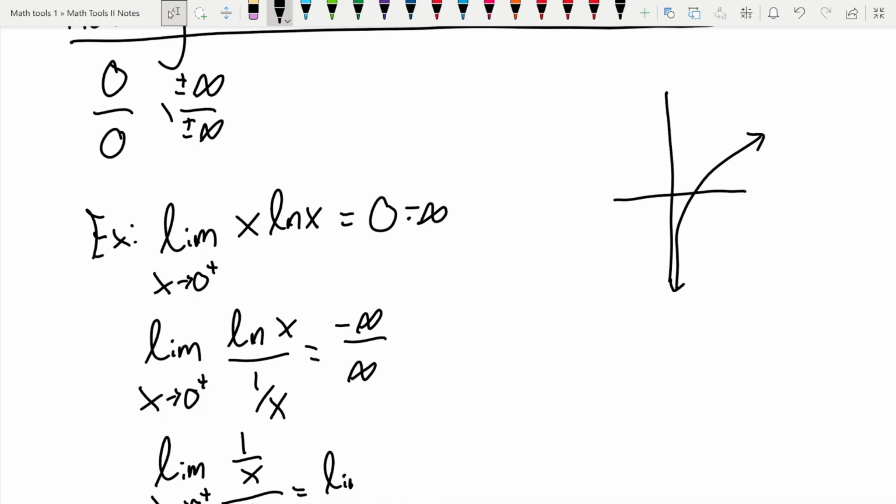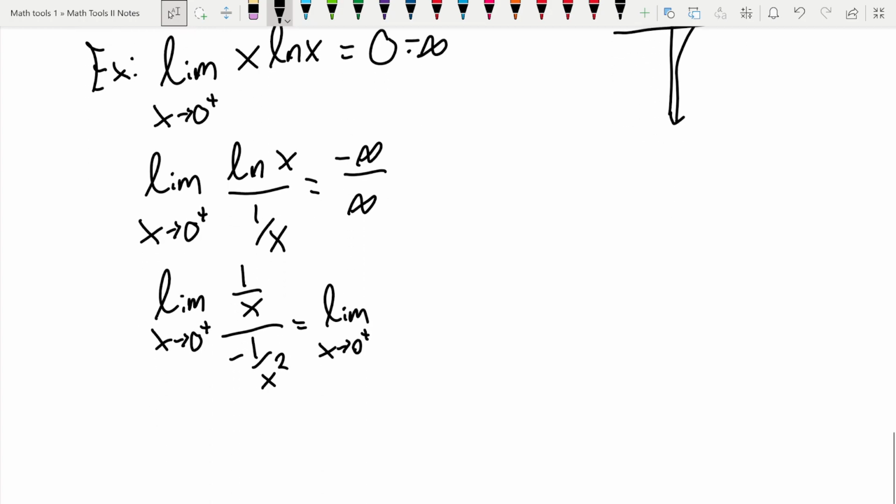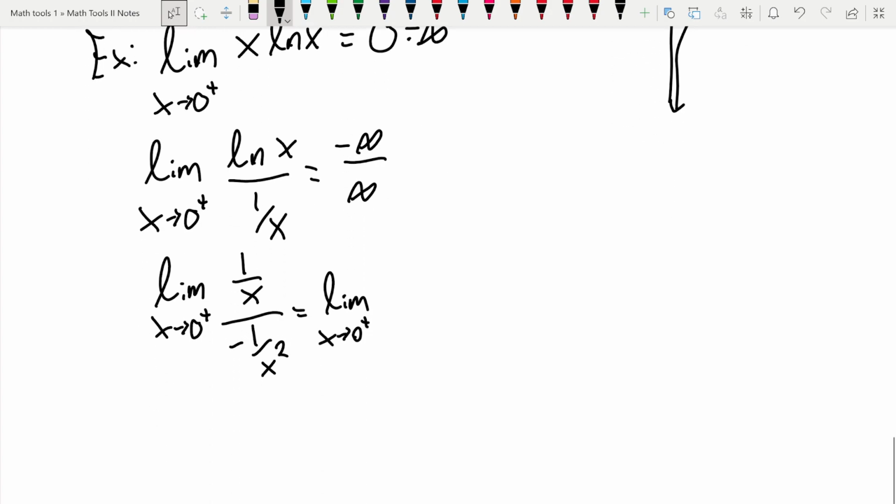So maybe a good idea to simplify this a little bit first. Oops, sorry, didn't notice it was cut off there. So 1 over x times negative x squared over 1. So negative x squared over x is going to be negative x.